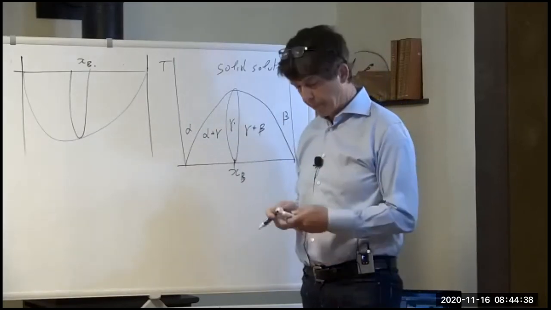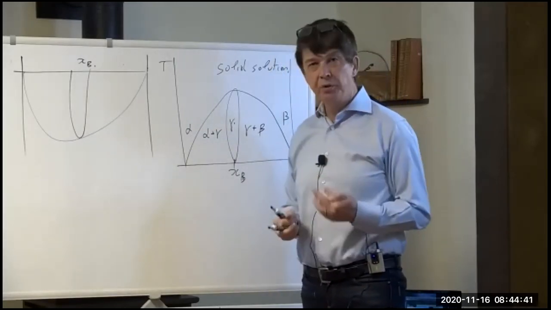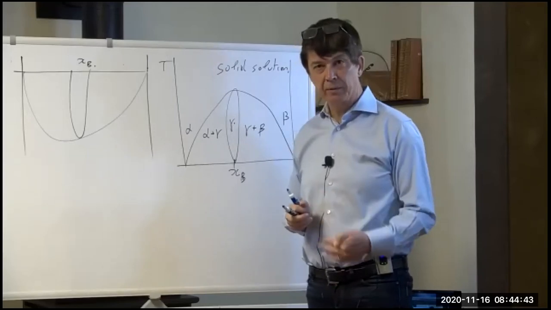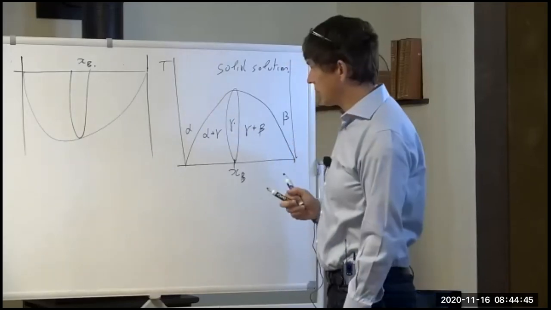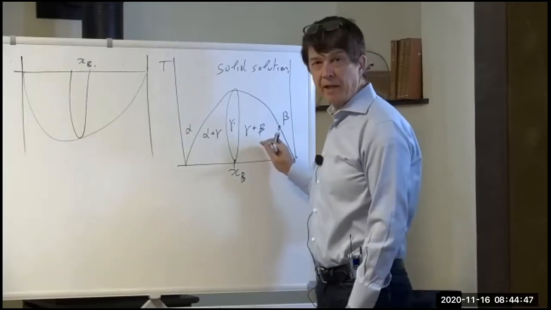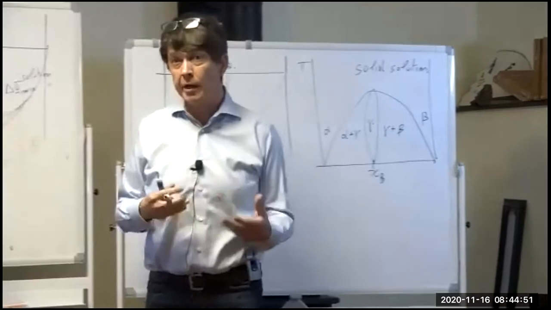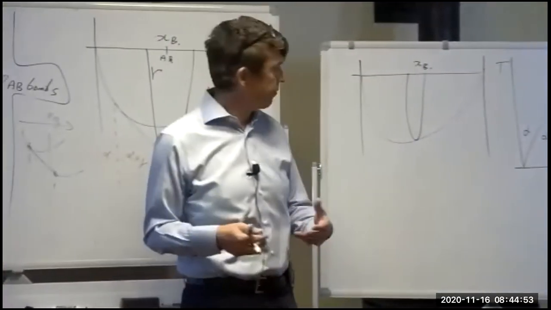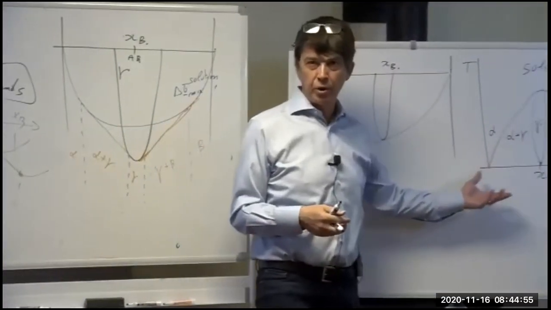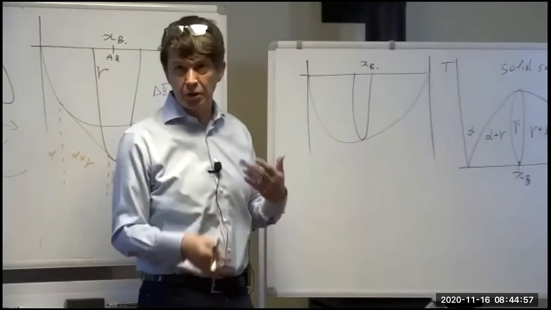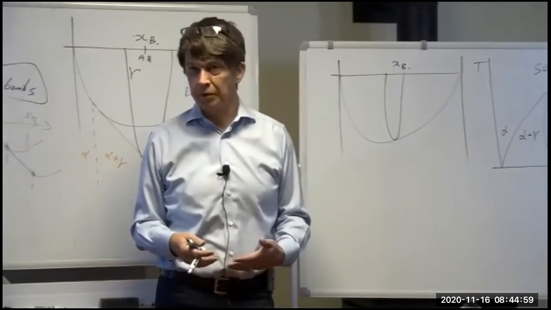So what do I want you to know and understand? When you look at these phase diagrams, I want you to think like a free energy. I want you to understand where they come from, how they come from, why they are logical when you start thinking of relative free energy shifting with temperature and composition.